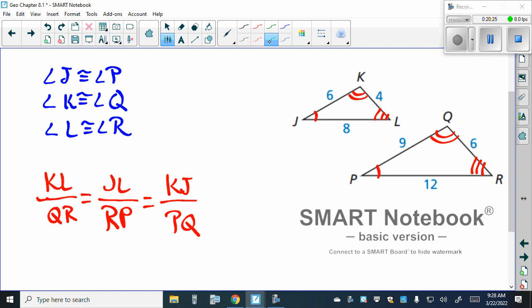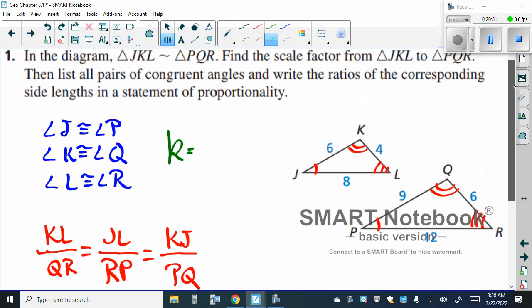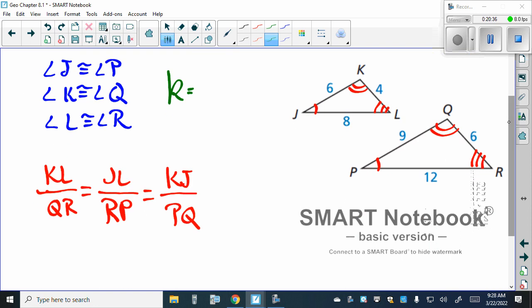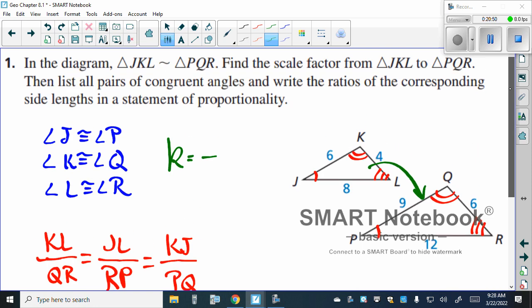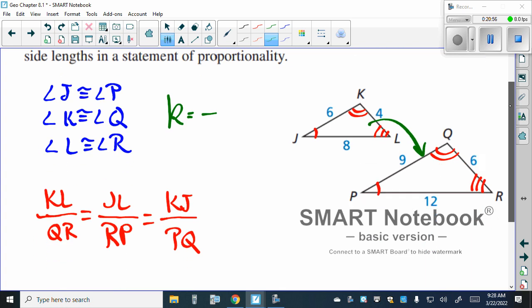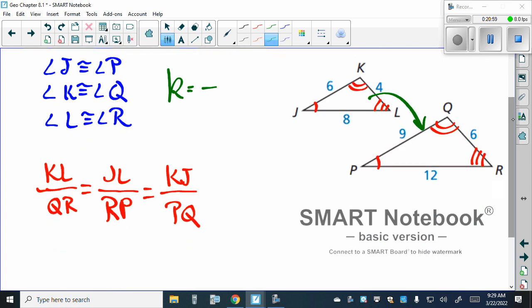Now we just need to find our scale factor. And we're going from JKL to PQR. So we're going from here to here. So what is one of the side lengths we can put in the numerator of our scale factor? 4. Not quite, because where are we going from to? We're going from JKL to PQR, so we would say 6. Because wherever we're going to should be the number on top.